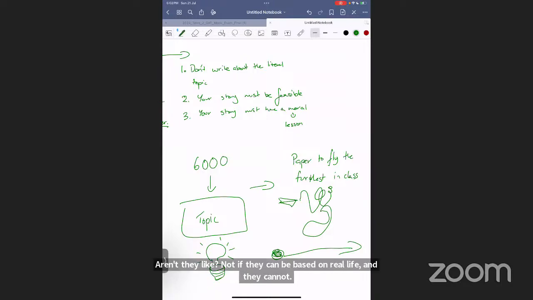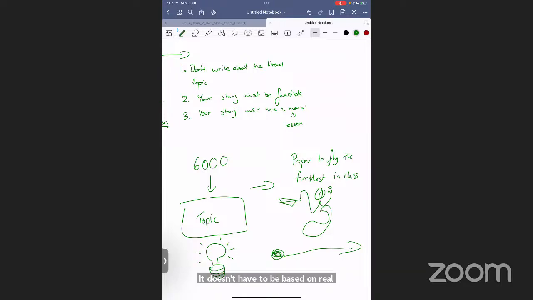It doesn't have to be based on real life. For example, Harry Potter, or even Spider-Man, they're not based on real life, but they seem like it could happen. Do you know what I mean? Yep. Okay, get it.